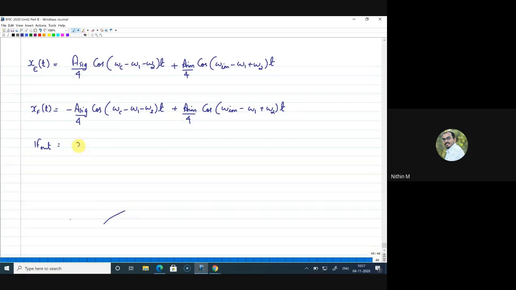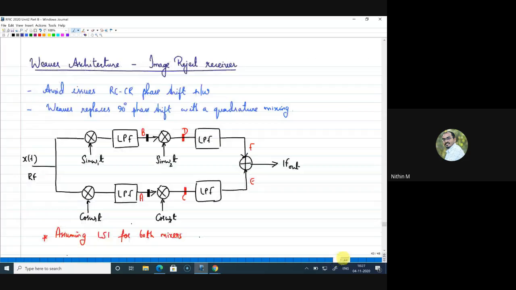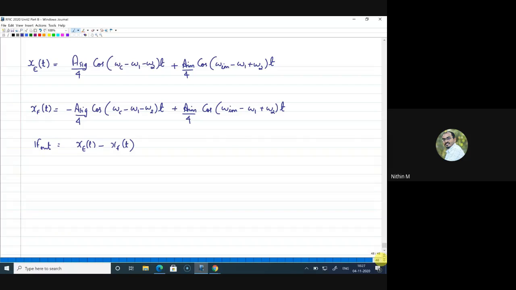So what we should do is x f of t should be subtracted from x e of t. That means I have to make a small change in the architecture. This should be minus. So when I do that, these two components will be added.